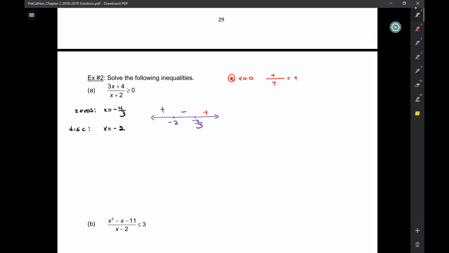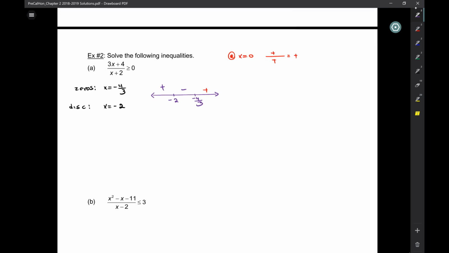Now, I want the regions where this function is positive or equal to 0, which means it's this region and this region. So, negative infinity to negative 2, close that negative 2. Oh, no. Do I close it at negative 2? No, because it's a discontinuity, but I do close the negative 4 over 3 because it's 0.